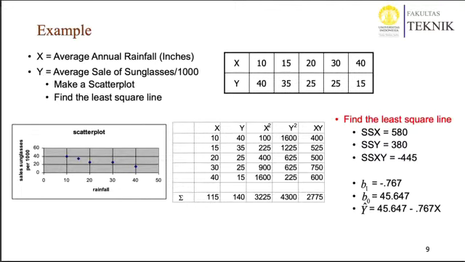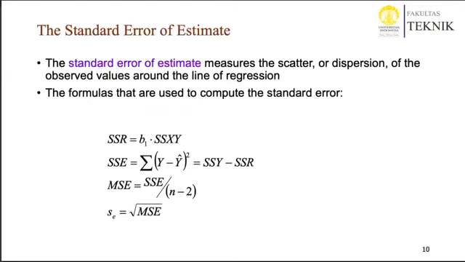After we make a scatter plot, we need to find the least square line. Using this table, it is easy to get a least square line. And then we need to compute the standard error of estimate.